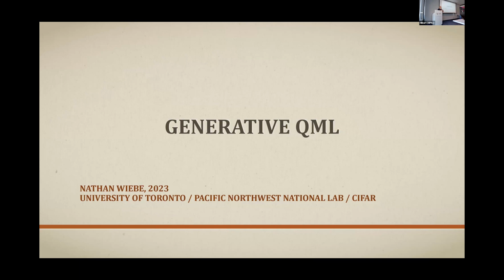So for a long time, I think there was this attitude in the community that generative tasks were of less interest because you can't race as effectively against competitors. Of course, the situation in the classical world changed radically within the last year because of ChatGPT and things like that coming out. But nonetheless, I'd like to argue that in the domain of quantum, generative learning is arguably more important than discriminative learning. So I'm going to be talking about that.